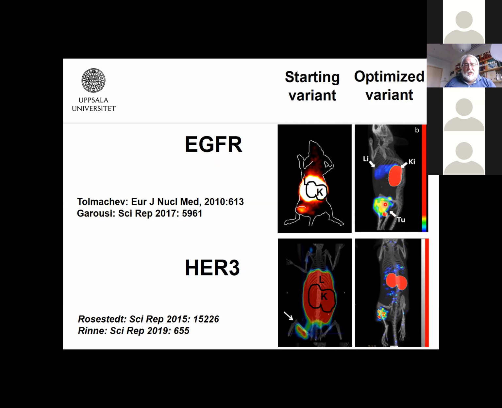After 7 years of hard work, we managed to come to this level where, of course, kidney remains in place, but you could see we nearly completely suppressed the accumulation in liver and suppressed the uptake in gastrointestinal tract while keeping the tumor well imageable.